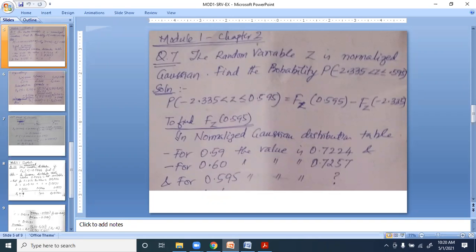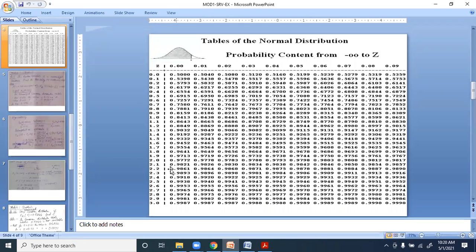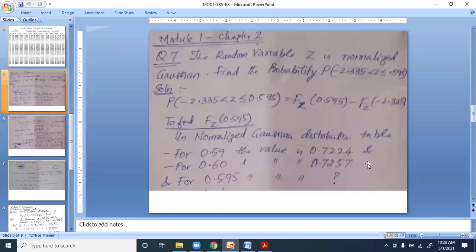Let us see that in the table. Okay, 0.59 is here, it is 7224. 0.6 is 0.7257.